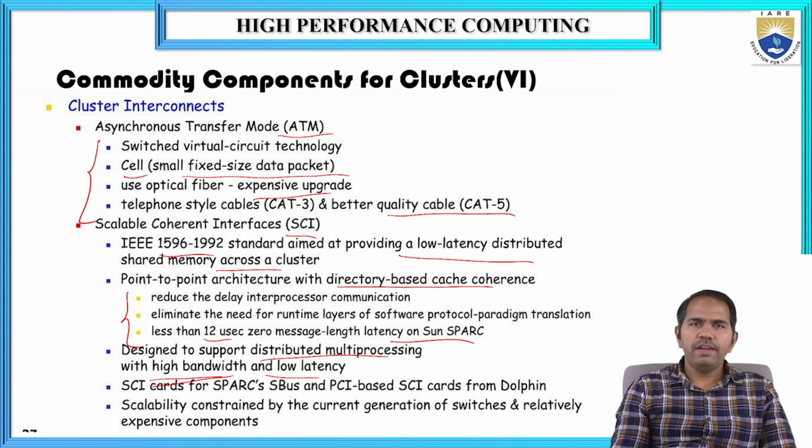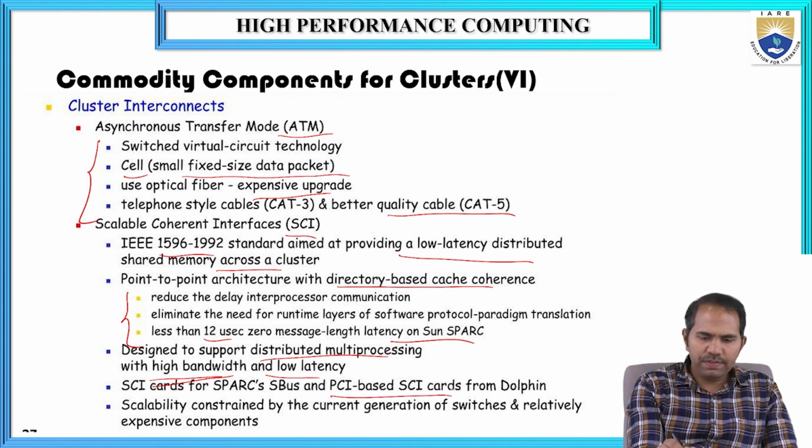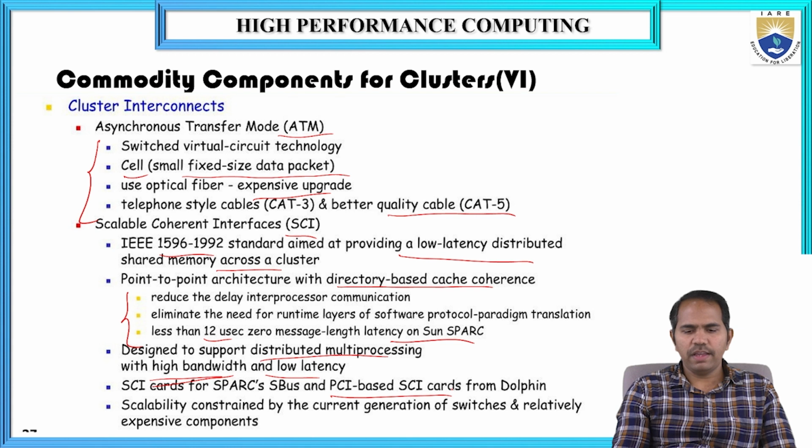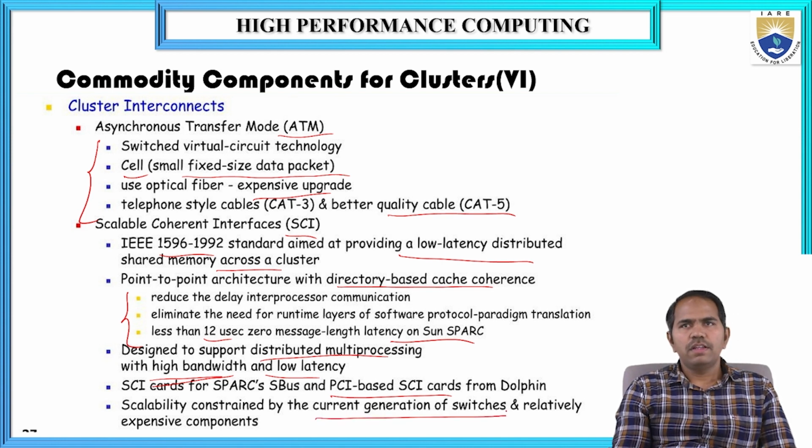Latency is nothing but the access time in between nodes. SCI cards are SPARC SBus and PCI based SCI cards from Dolphin. And scalability is constrained by the current generation of switches and relatively expensive components.